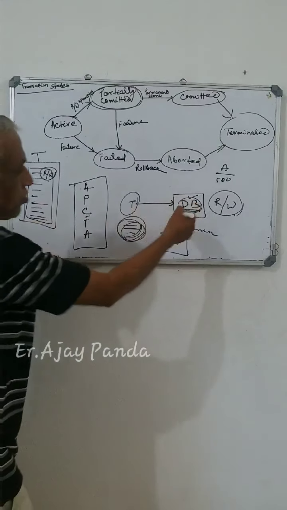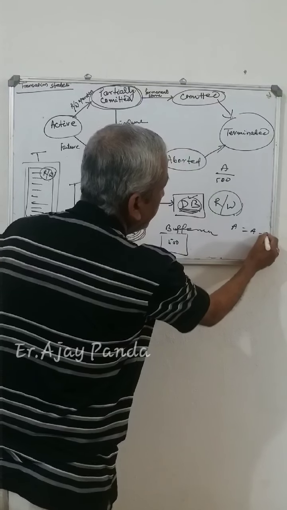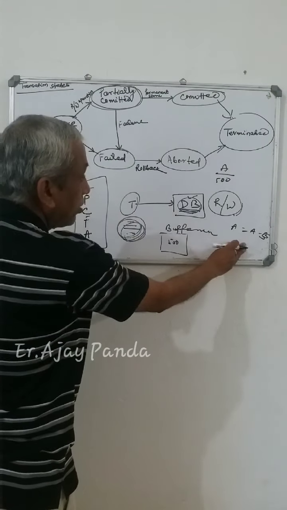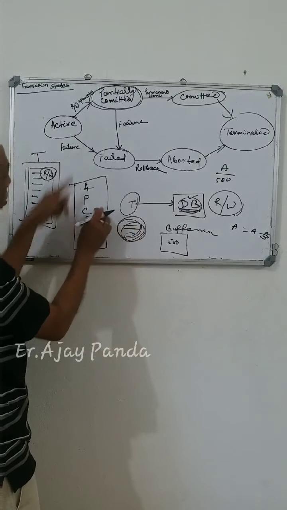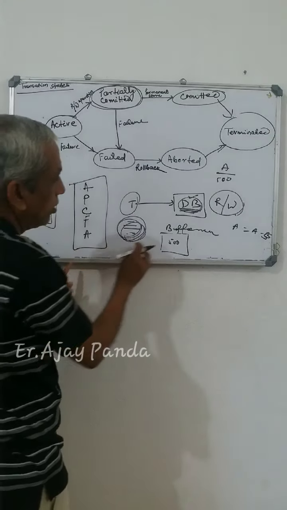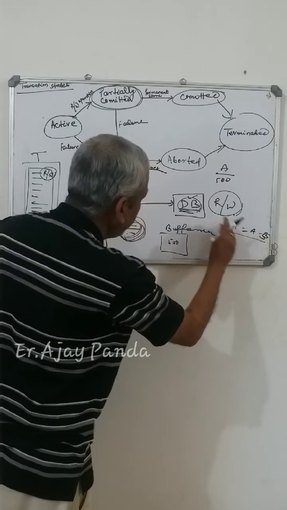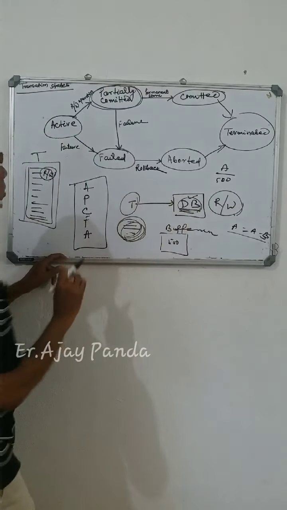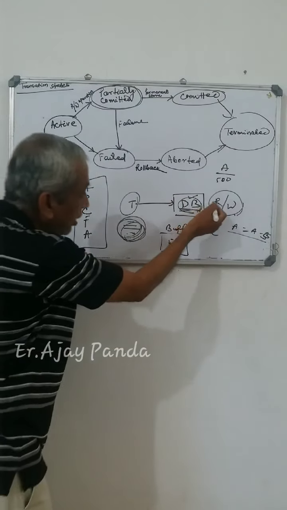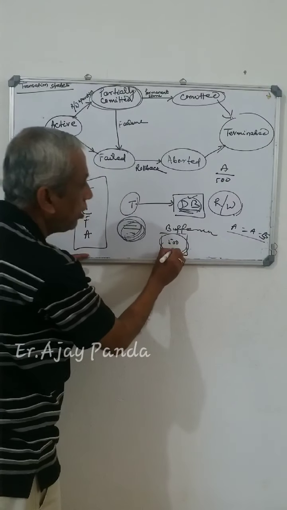After that, A = A - 5. That is another arithmetic operation, but not performed on the database. That is processing on the processor, not on the database. Only the database read-write operations are there. Whenever we read or write, that will be onto the buffer memory only.